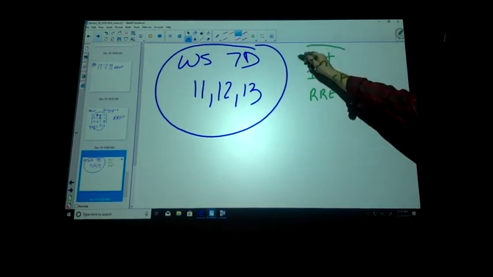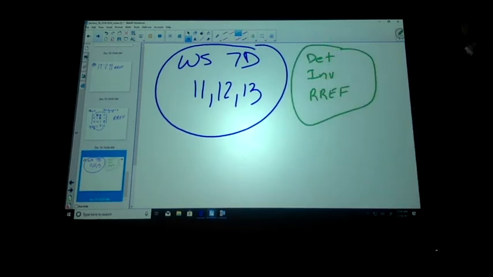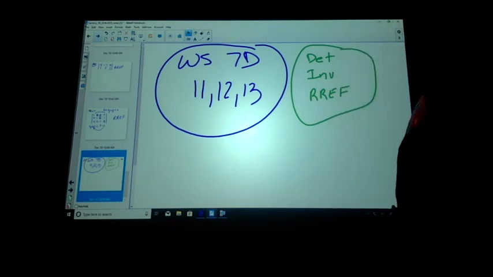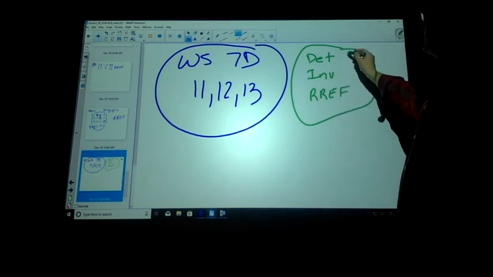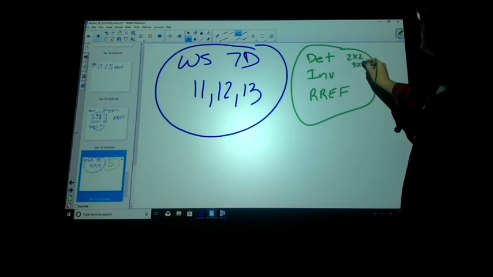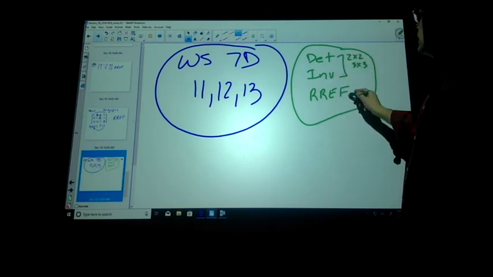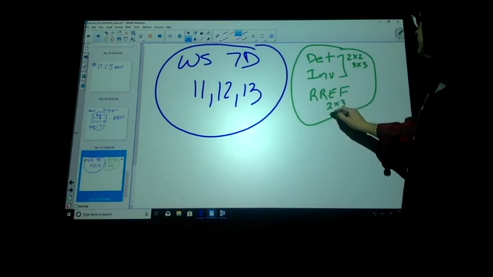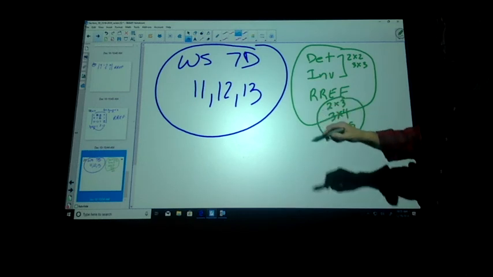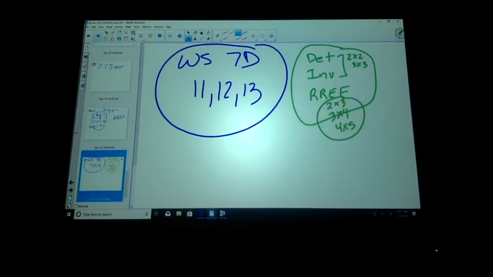I'd say that'll be about what your quiz will be. You'll have the determinant of 2 by 2 and 3 by 3s, inverses of them as well. And then I'll give you RREF of a 2 by 3, a 3 by 4, and a 4 by 5. I can squeeze it all on one page.